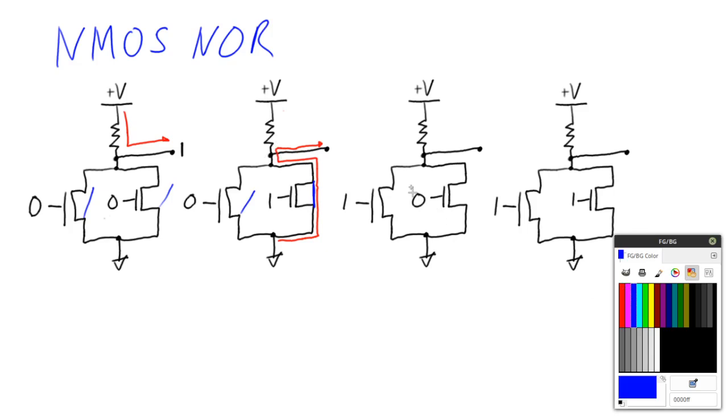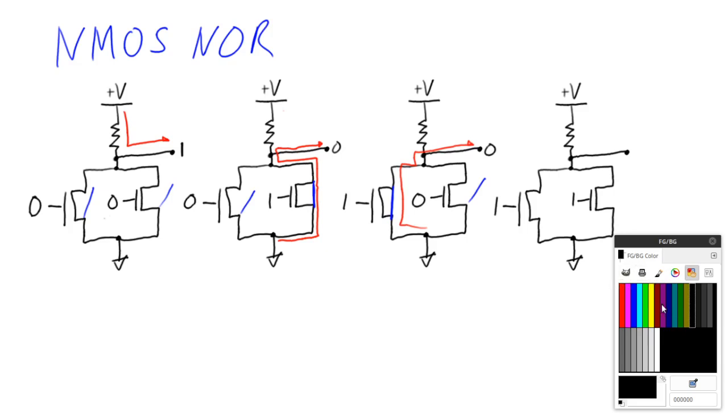And it doesn't matter if we flip them around, it still works the same way, where this guy's closed and this guy's open. And now 0 can get to the output like that.